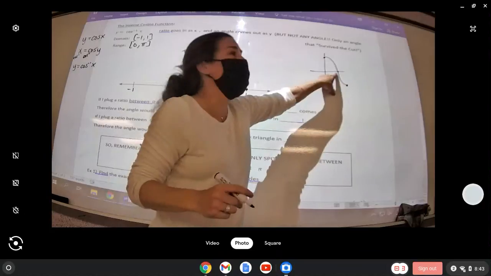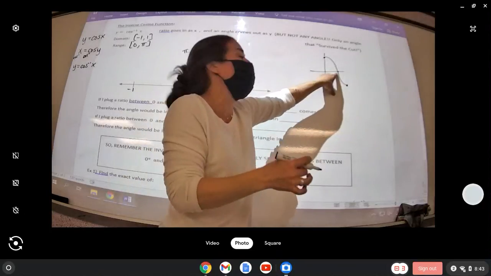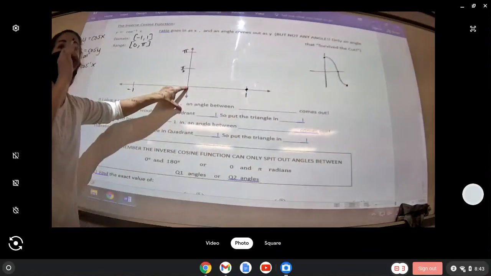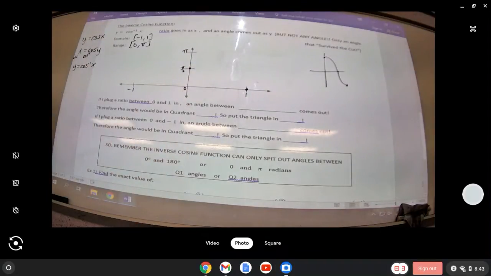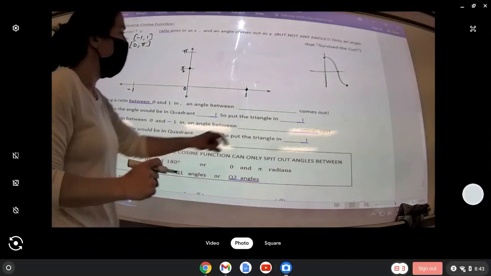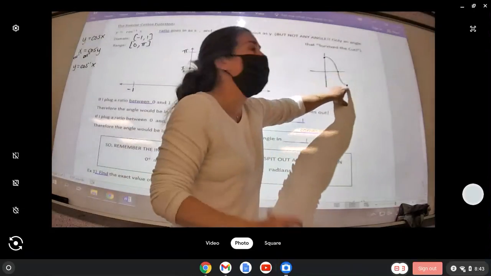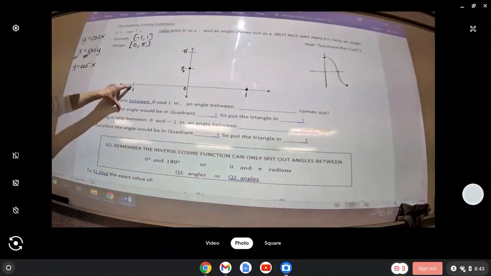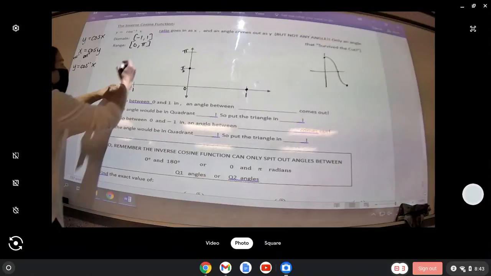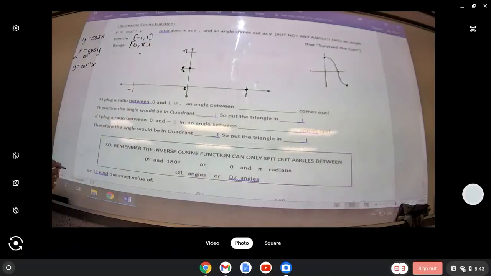An angle of pi over 2 went in and a ratio of 0 came out. Now a ratio of 0 goes in and an angle of pi over 2 comes out. And then last, when pi went in as the angle, a ratio of -1 came out. So now, when a -1 ratio goes in, an angle of pi radians comes out.